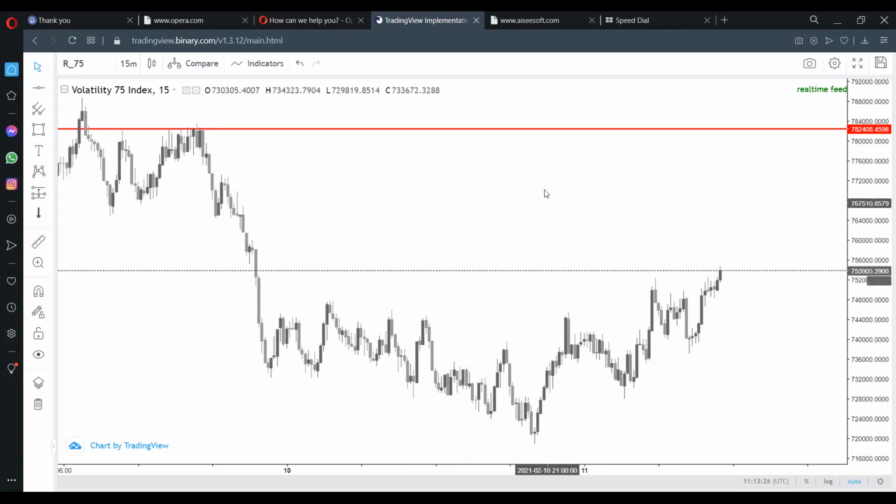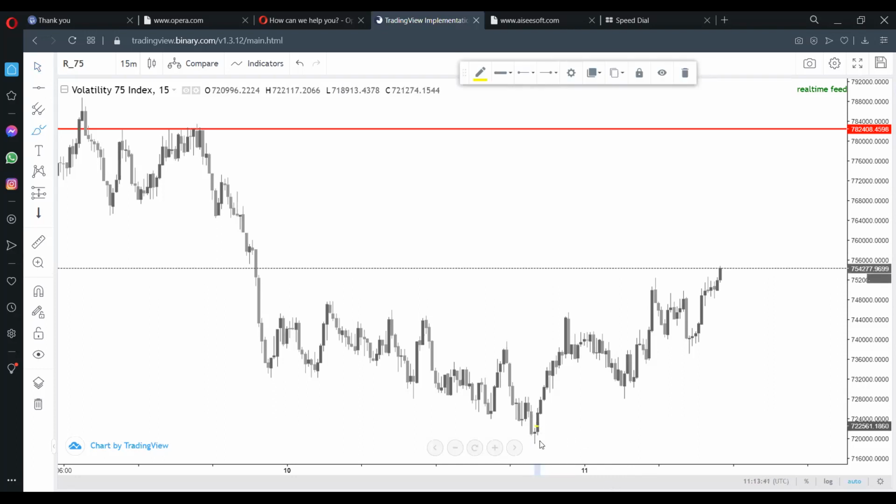You see that I made an entry around this area, and I made an entry around here, and I'm still running. I'm still holding my positions, and we are now here.